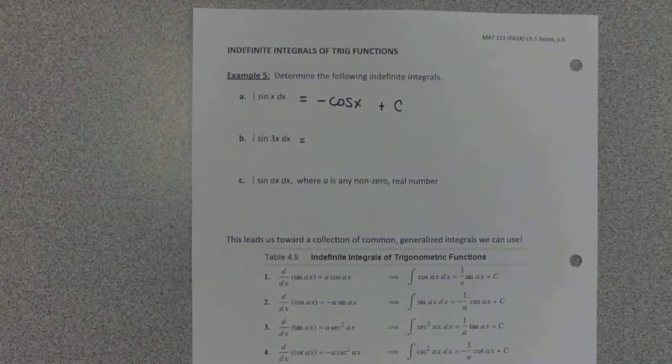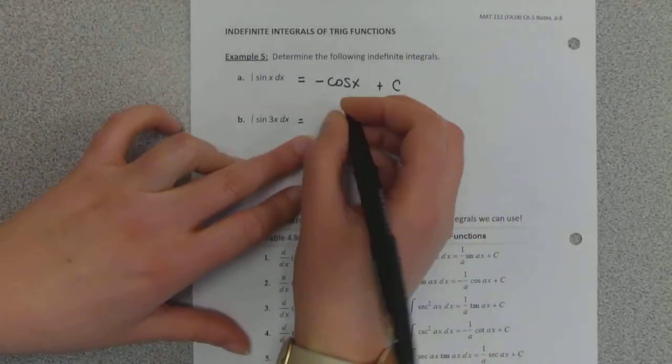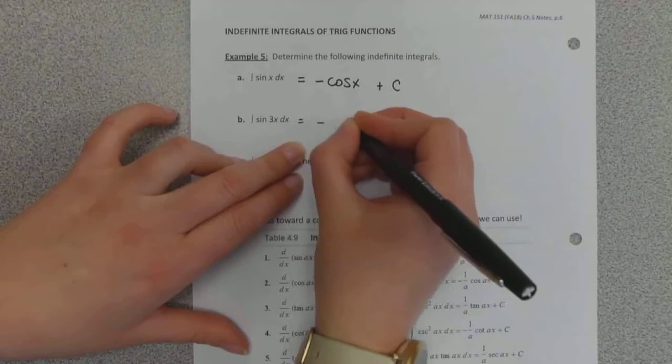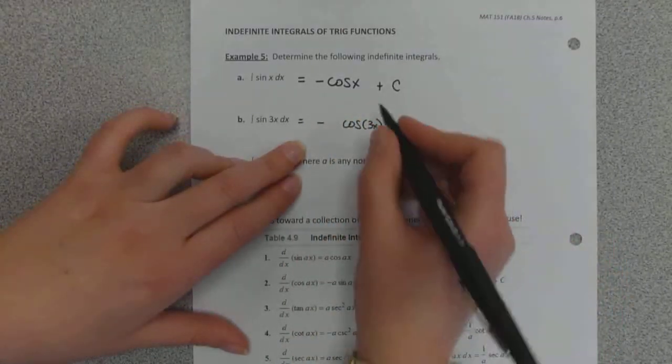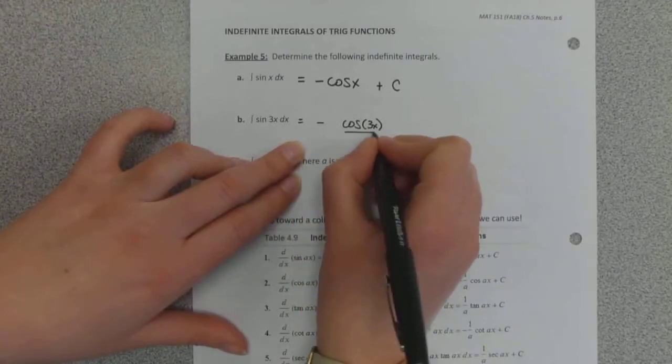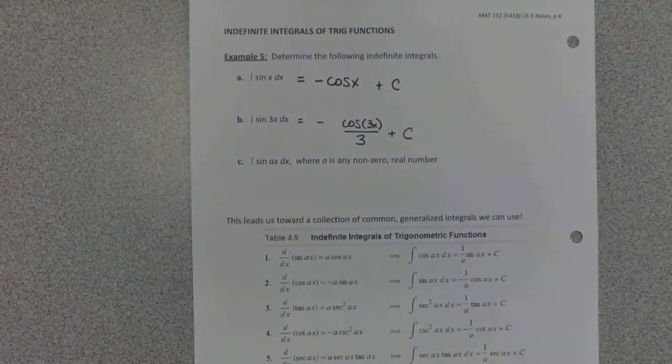All right. What about if you want to do the antiderivative of sine of 3x? So it would be negative cosine of 3x, but its derivative would be times 3. So we have to do divided by 3, right? It's the opposite of the chain rule on that part. So negative cosine of 3x divided by 3 would have sine of 3x as its derivative.